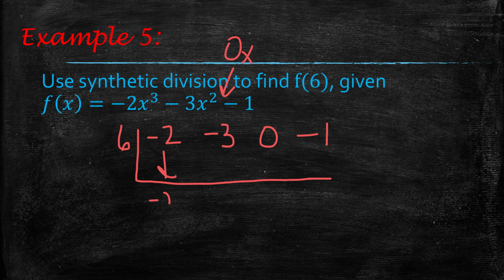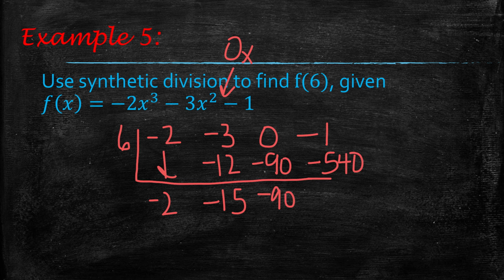Bring down the -2, so that'll give you -12. That would give you -15. Let's see, that would give you -90. And that would give us, what, -540, which would give you -541.